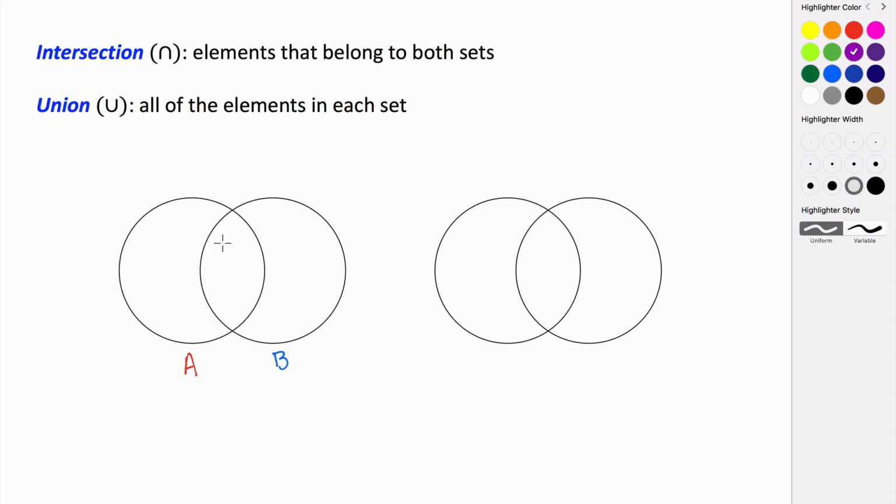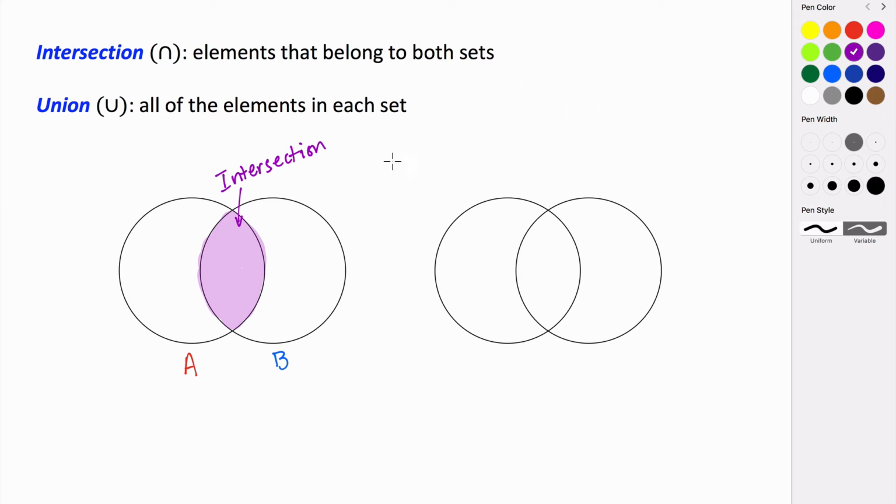So it's going to be this inside portion here, where the two are overlapping. And whatever elements exist in the intersection are going to be contained in both the sets A and B.